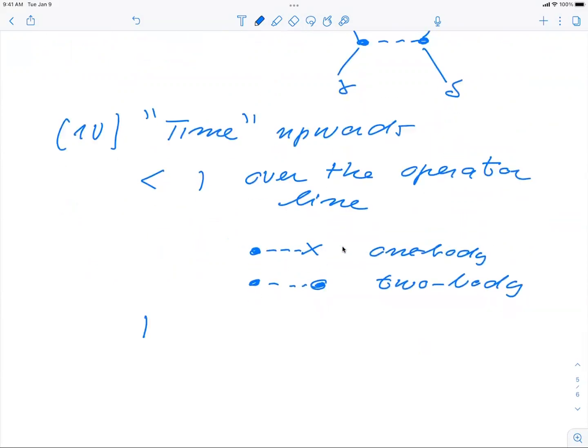Then we have a state which comes in here, and this is what we would say is below the operator line. So let me just look up my cheat sheet here and see if I have remembered everything I wanted to say here.